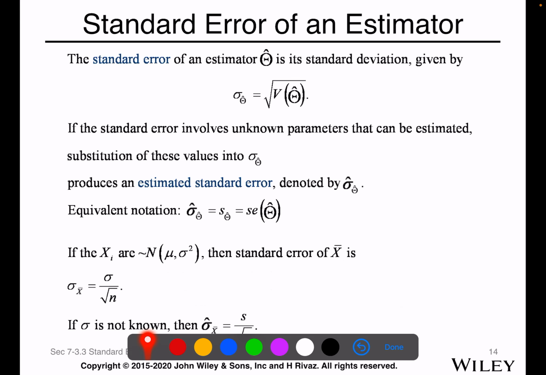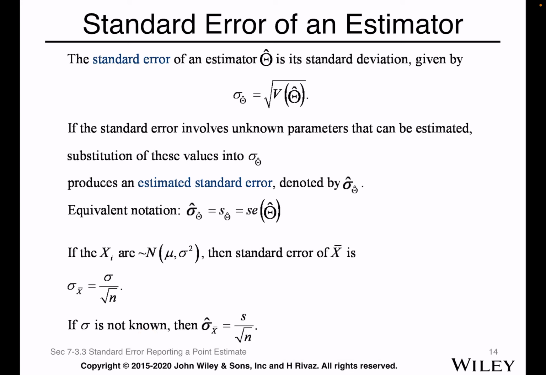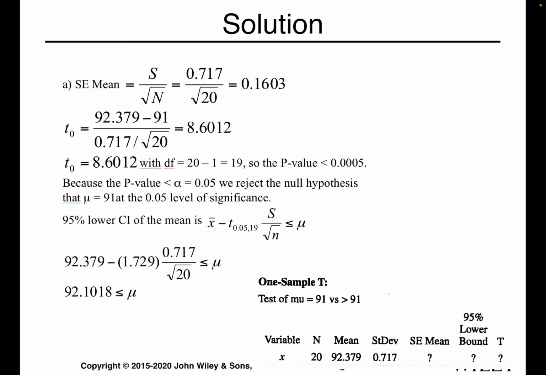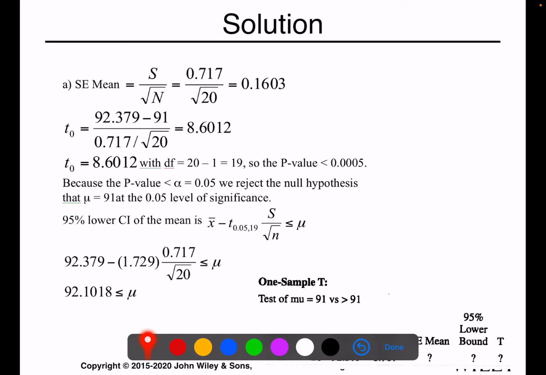Remember that the standard error of the mean was defined as S divided by square root of n, where S is the sample standard deviation and n is the number of samples. So this was the definition for standard error of the mean. S was 0.7 and n was 20, so the standard error will be 0.16.